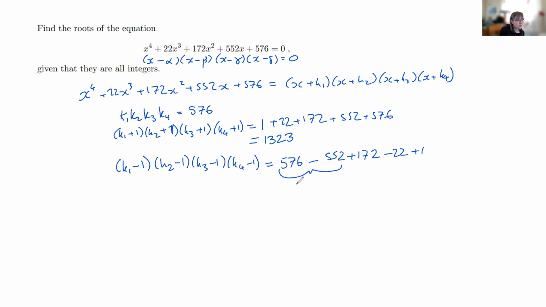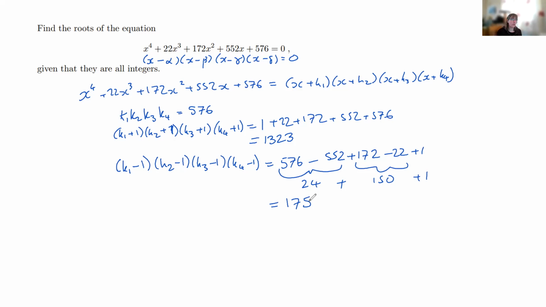These two give you 24. These two give you 150, plus 1. So we get 175. Okay, so those are the expressions that we have for k1 to k4.